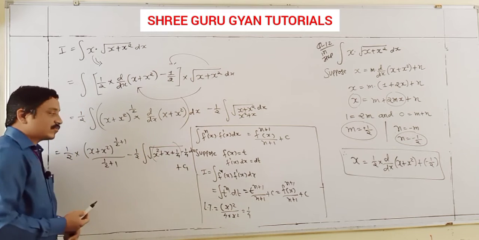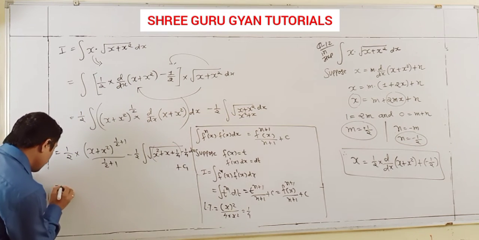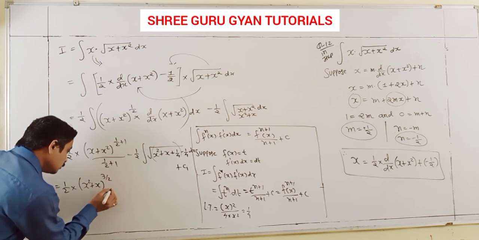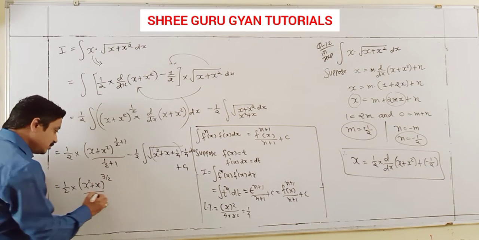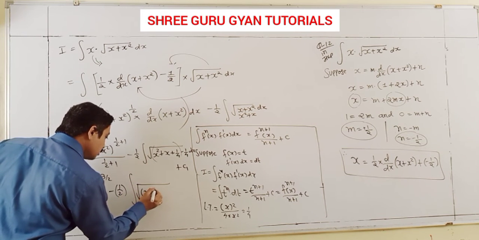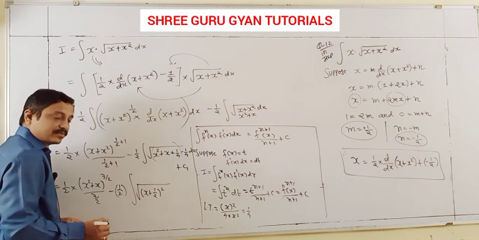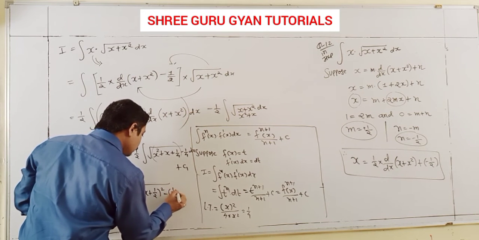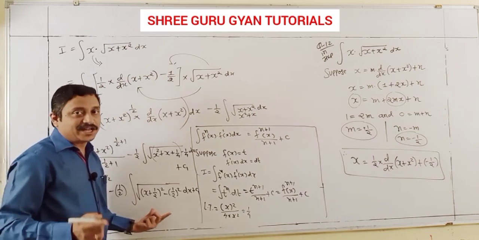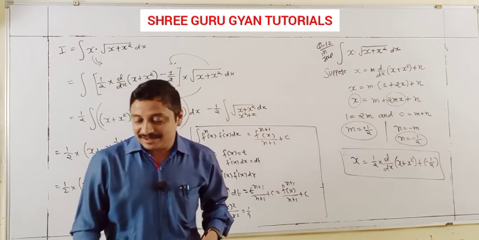us, students, a perfect square. So half x square plus x raised to 3 by 2 by 3 by 2, and here, students, half with the perfect square trinomial: x plus half square, and 1/4 means 1/2 square plus C1. And this answer today I written 3 different formulas related.